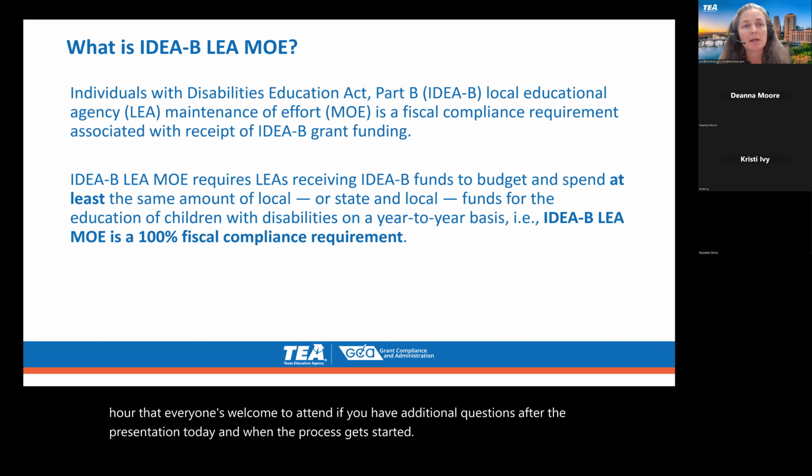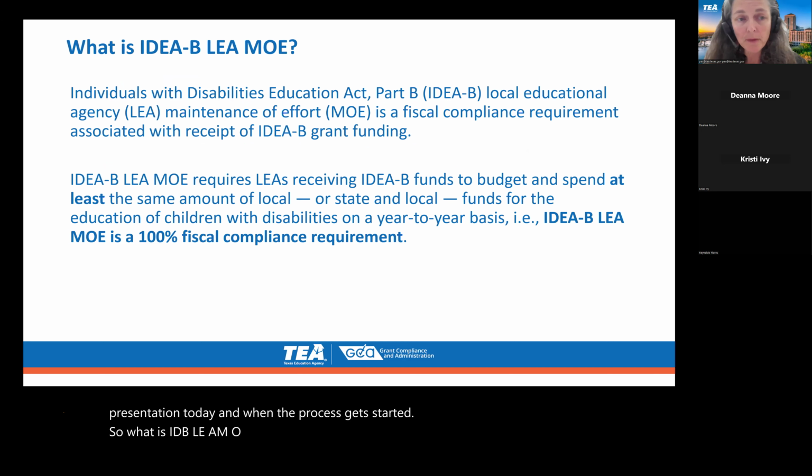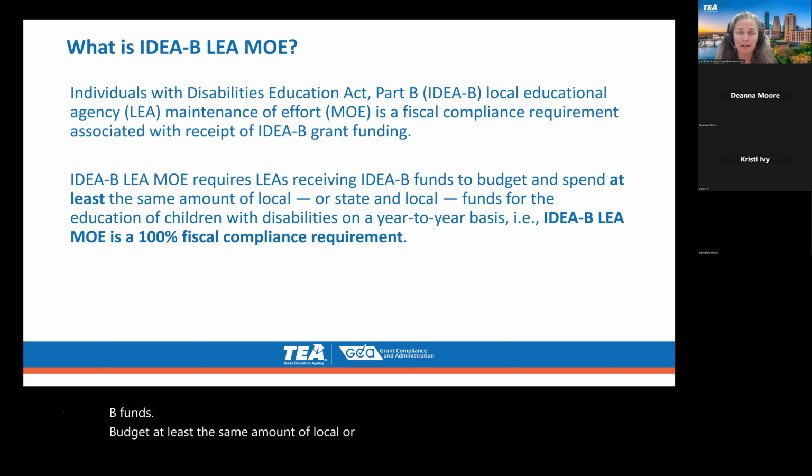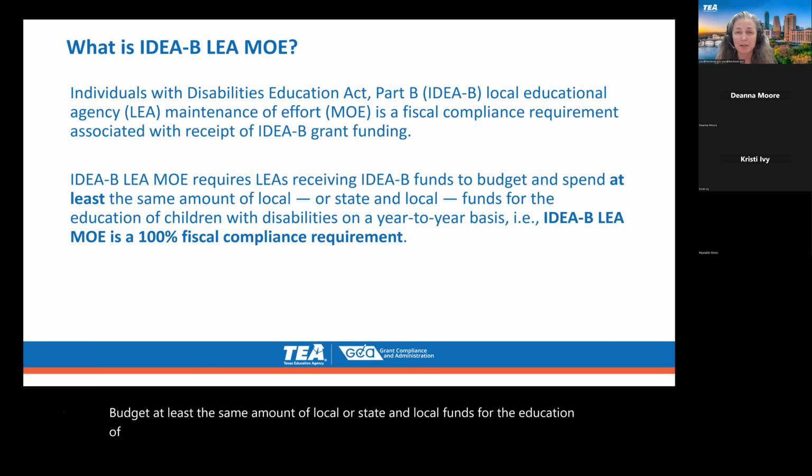So what is IDB LEA MOE? Well, IDB LEA MOE requires that LEAs receiving IDB funds budget at least the same amount of local or state and local funds for the education of children with disabilities on a year-to-year basis.